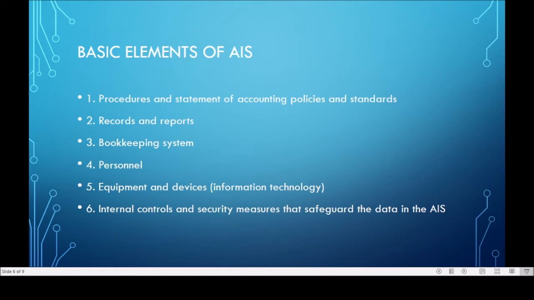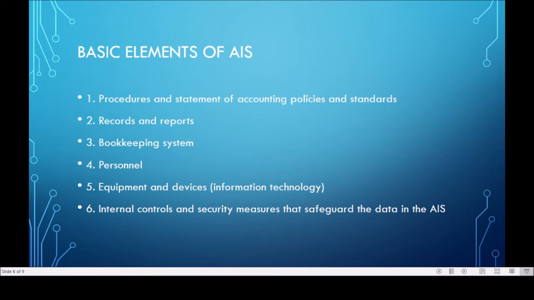In accounting, we know that there are accounting procedures and policies that we are following. This includes the Philippine Accounting Standards and certain implementing rules and regulations on taxation.